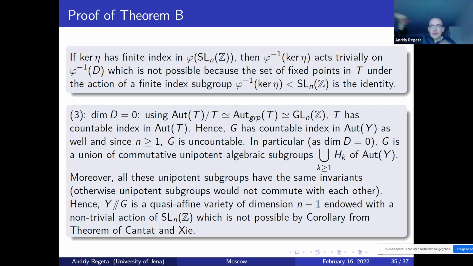Okay, in this case it's easy. Especially it should be easy for you, because one of the possible arguments could be our paper with you. So you see, this G is a union of commutative unipotent algebraic subgroups. This G contains all algebraic subgroups of Aut Y. I see.